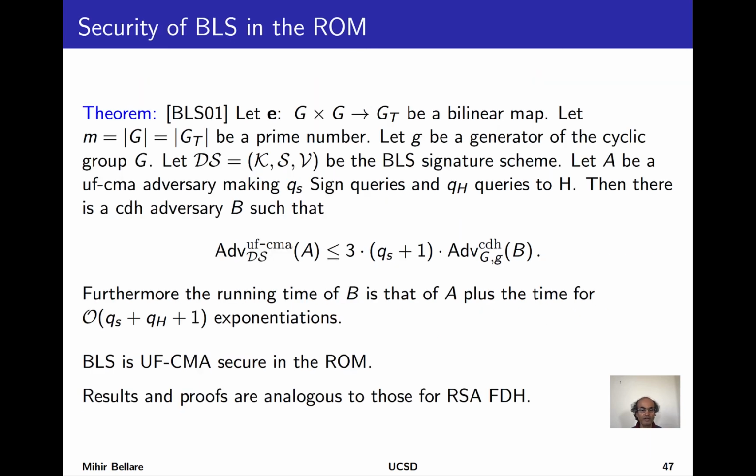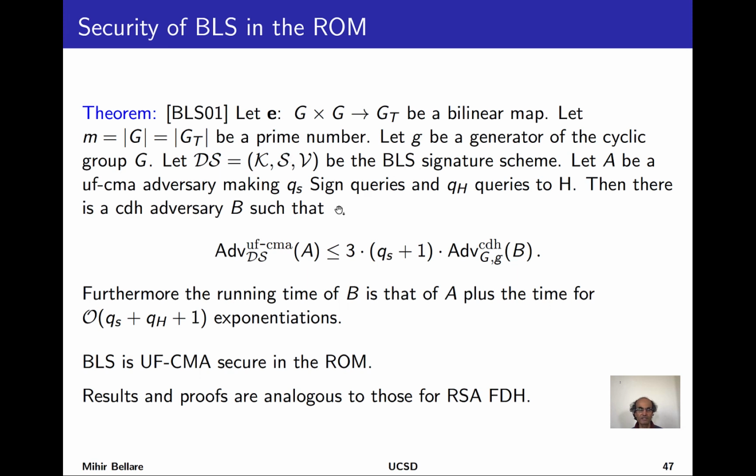What about security? Well, it works again in the random oracle model, and assuming computational Diffie-Hellman is hard in the first group, you can show that BLS signatures satisfy UF-CMA. And here's the formal theorem statement that details the quantitative aspects. So again, we fix our bilinear map and generator of the first group and we have the scheme on the prior slide.